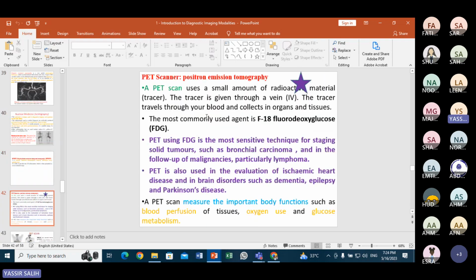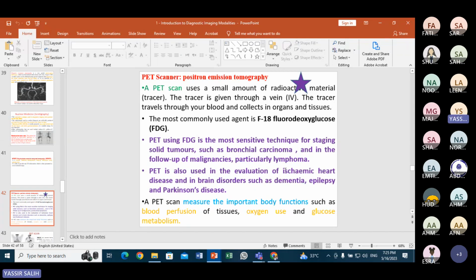The nuclear medicine PET scan. PET scan is very important for what? For the staging of solid tumors such as carcinoma, any carcinoma, especially bronchogenic carcinoma, and also for follow up, meaning to assess how the patient improves in malignancy, the response to treatment.